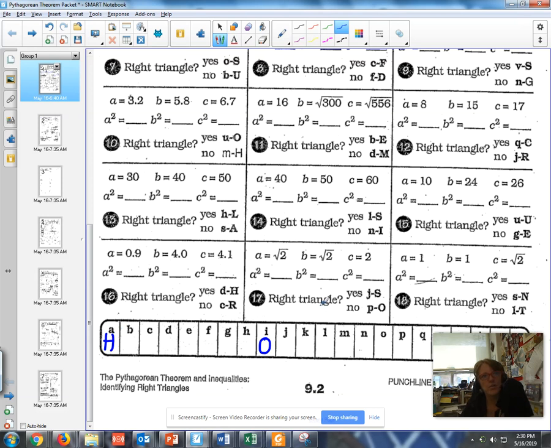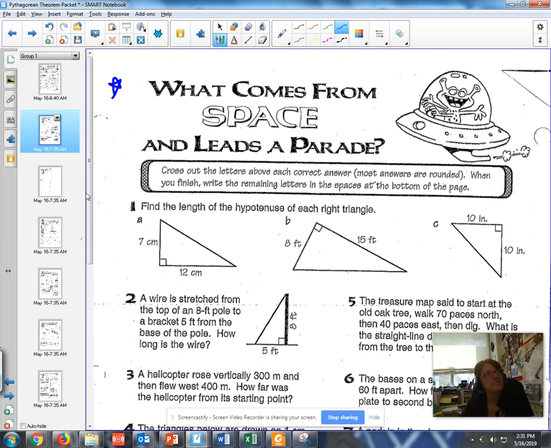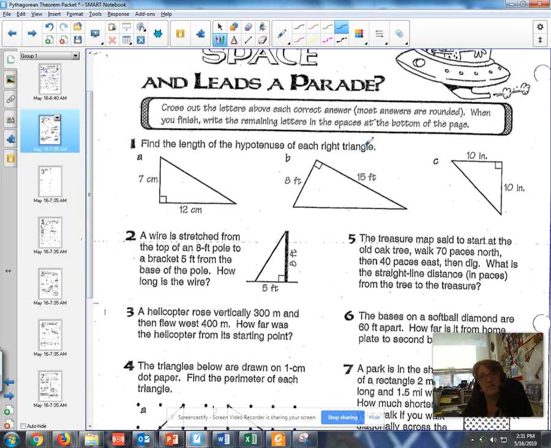As you work your way through the rest of these, check all of these, follow the directions, and see if you can figure out the pun. On the next page here, it says, what comes from space and leads a parade? On this one, you are basically finding the hypotenuse each time. So here, these are your legs.